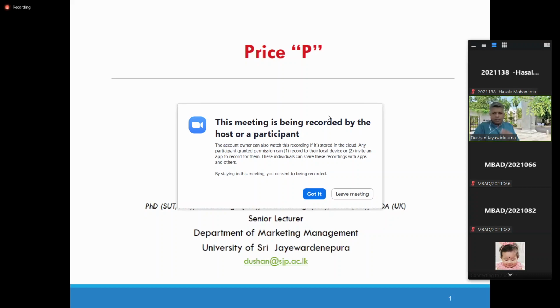Your positioning strategy shows you what you promise to your target customers. Then the other marketing strategies, which we call tactical marketing strategies, would come into the scene and tell you how to deliver what you have promised. Right? Tell me if you're not clear about this.